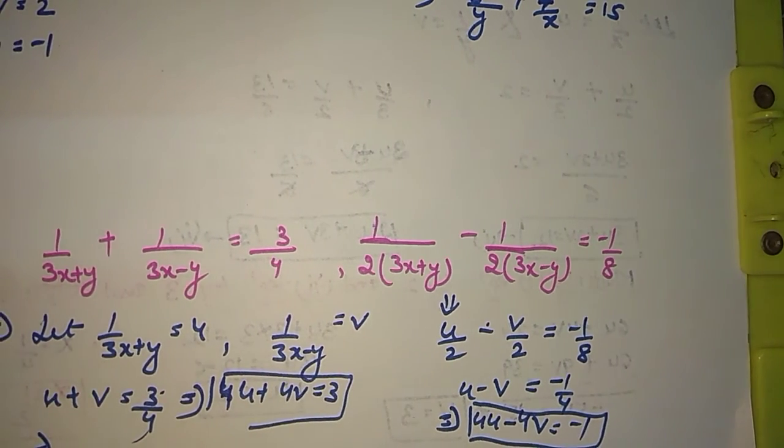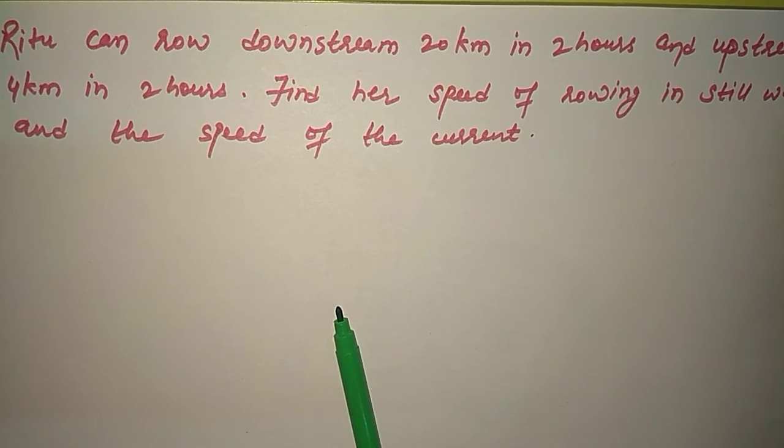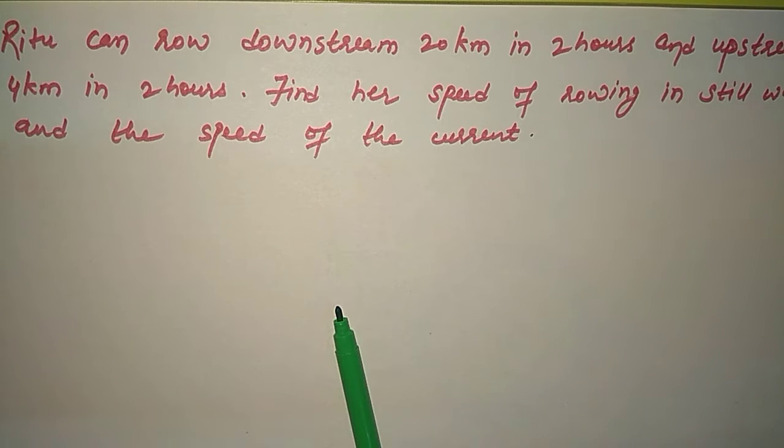So now let's start some word problems of pair of linear equations in two variables. So here is a question. It is the most important question from the examination point of view. It mostly comes in exams.